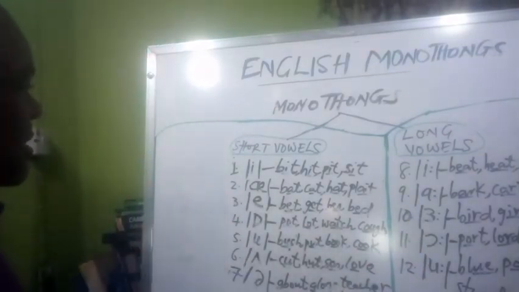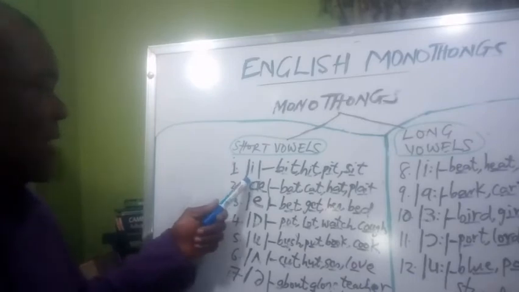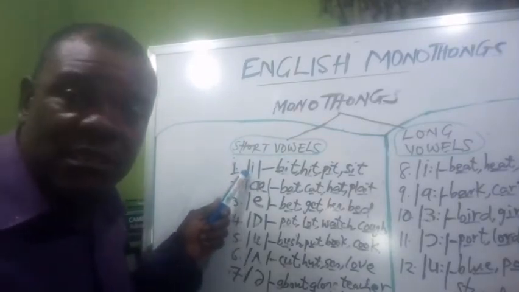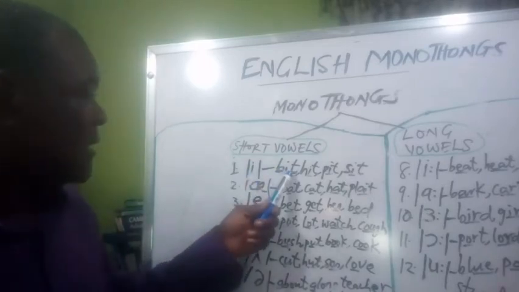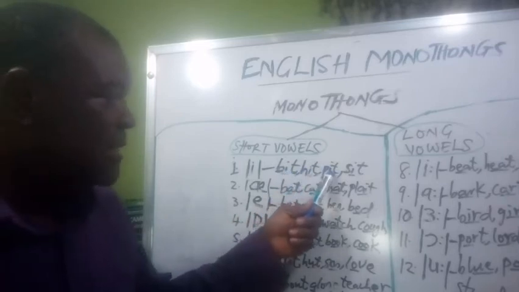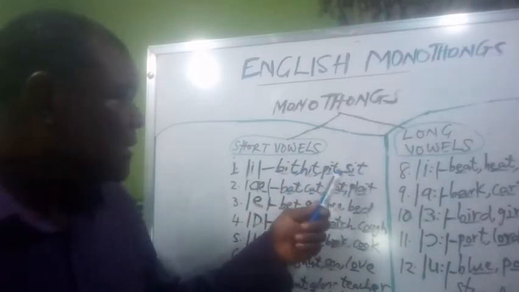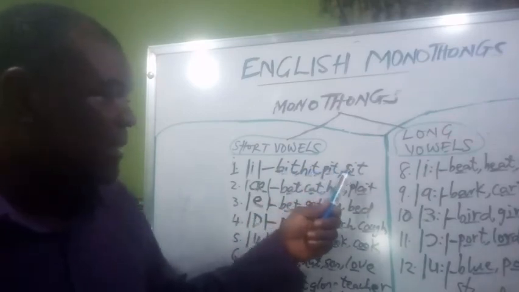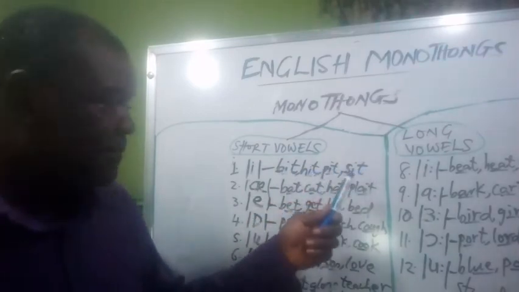Let's start with the short vowels. The first one is the short E sound, and it is pronounced E, E. It occurs in words like beat, hit, pit, and sit.